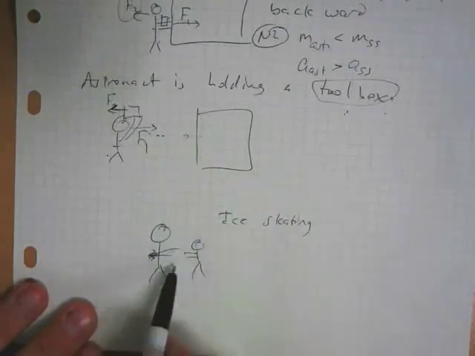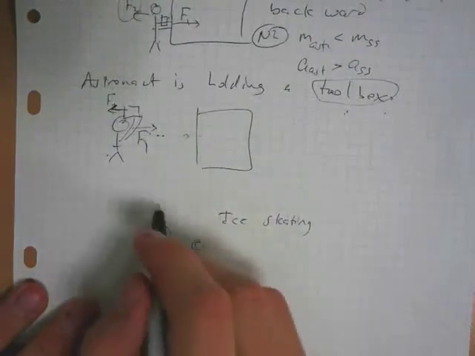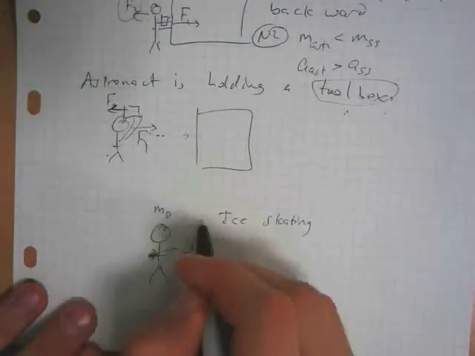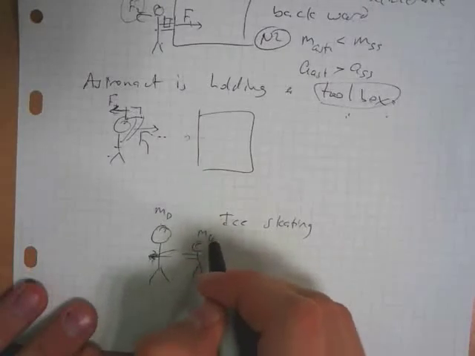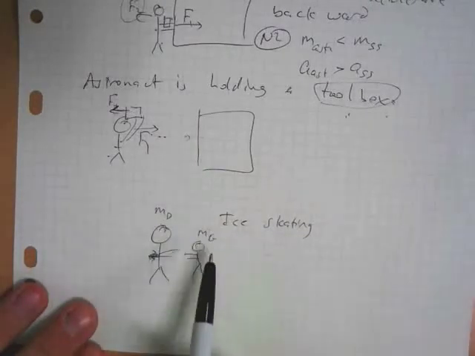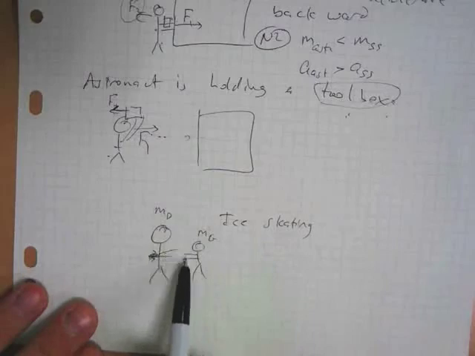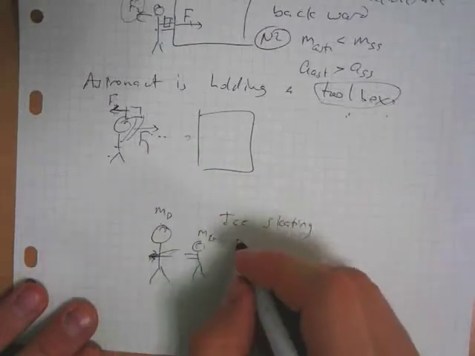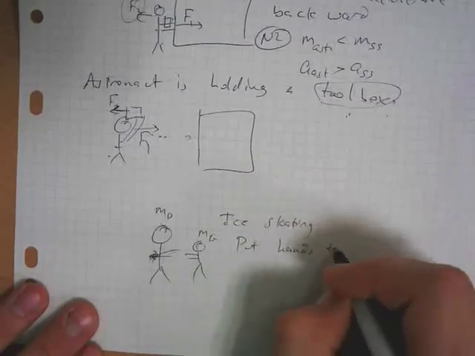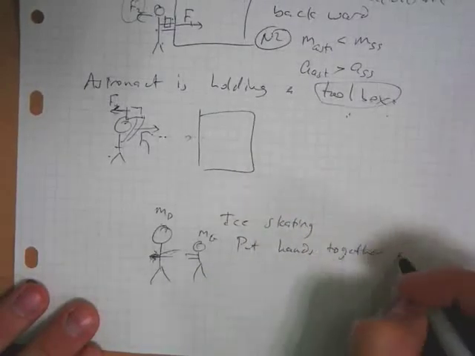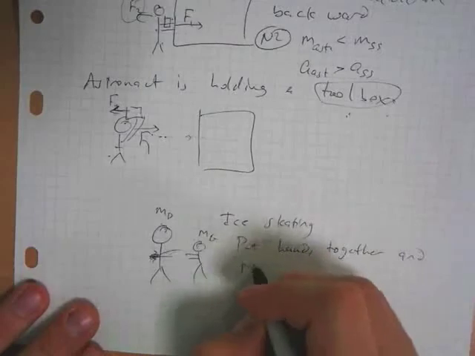So this is Dad. He has some mass. The mass of the daughter is also shown. Mass of the girl. And they put their hands together and push off each other.